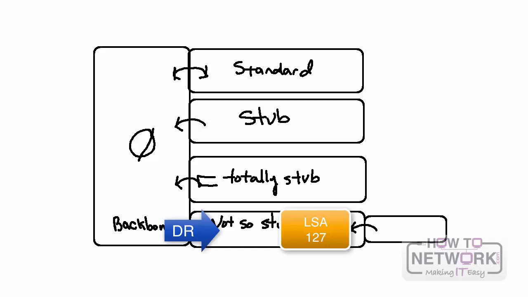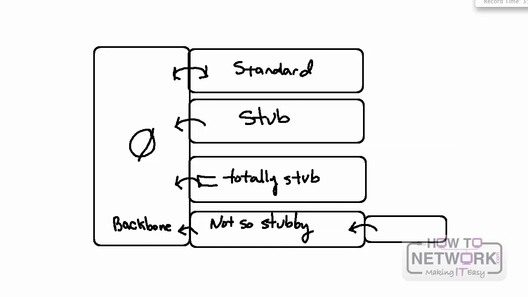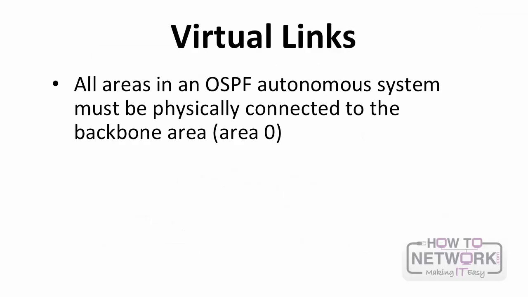It will receive those routes through redistribution, and then it can turn those type 7 LSAs and basically mask them and make them appear as type 5 LSAs, and then begin sharing them onto the network.